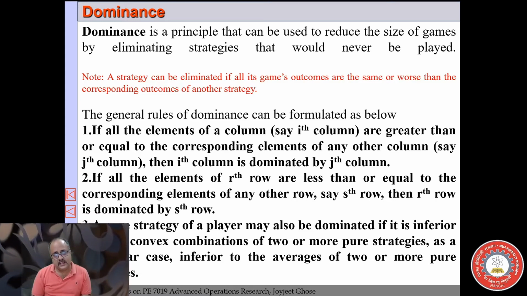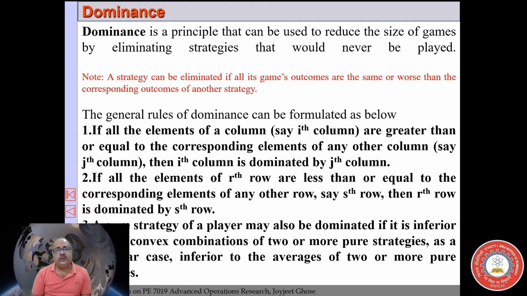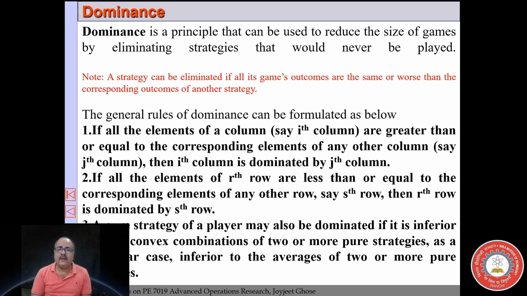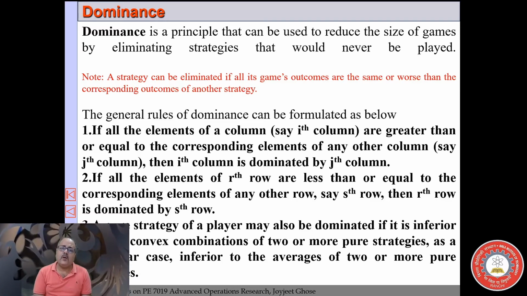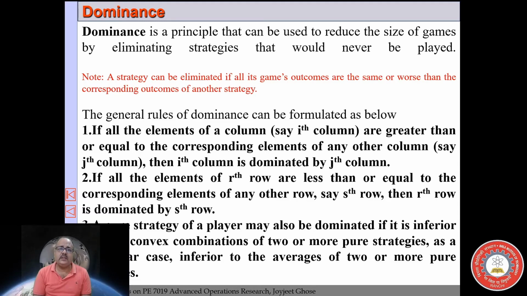Try to understand. It may be a row or it can be applied to a column also. So let's say if all the elements of the rth row are less than the corresponding elements of the average of the sth row and tth row, then the rth row is said to be dominated.